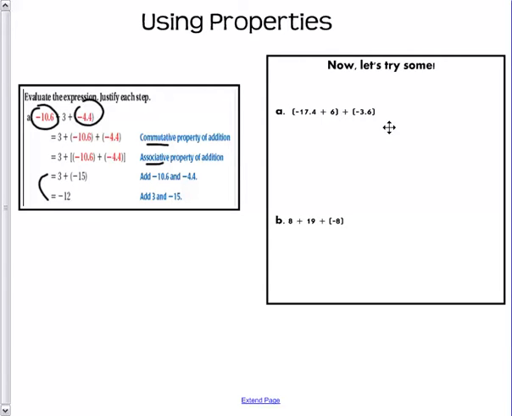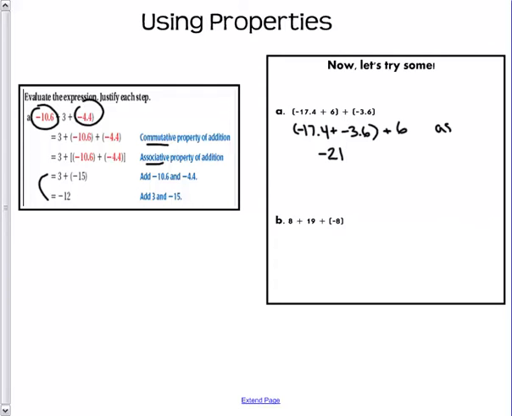Okay, so over here, I want you to try some on your own. Figure out which properties you would use and which you would use first. Okay, go ahead and try it. Pause the video. I'm actually going to go through the answers. So for this one, these are grouped right now. I'm going to regroup them. So I'm going to say negative 17.4 plus a negative 3.6 and then add the other 6 on because I want to group this together to get a negative 21.